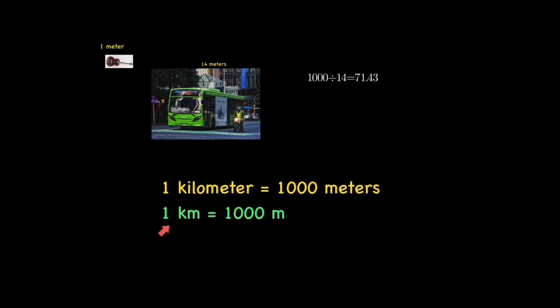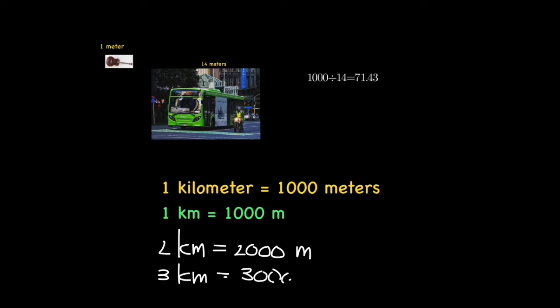If 1 km is equal to 1,000 m, then that means if I have 2 kilometers, that is simply times 2 of 1,000 meters, which is 2,000 meters. So we simply multiply the number of kilometers by the direct conversion of it into meters. Similarly, 3 km must be equal to 3,000 meters.